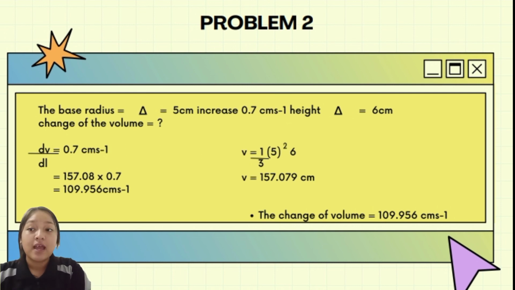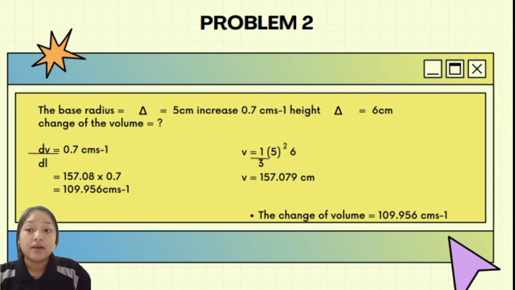Okay, first dv over dr equal 157.08 times 0.7 centimeters equal 109.956 centimeters. Next, V equal 1 over 3 in bracket 5 square 6.